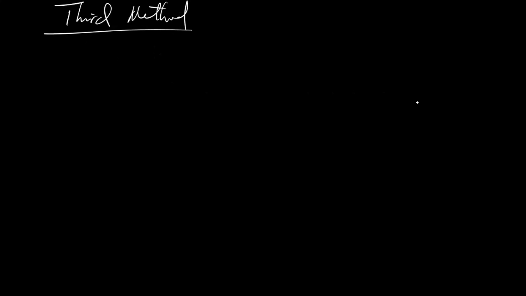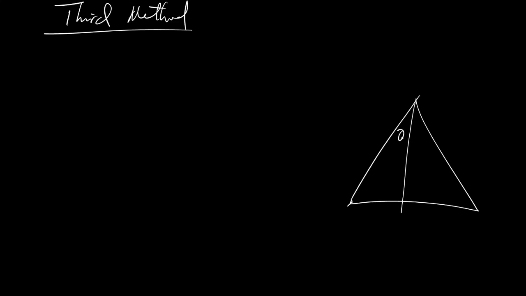Now the third method, we are going to use the sine rule. Now let's say this, you have A, B, C divided by line, bisected by line BD, bisecting this angle. Now using the sine rule, let's say here is equal to what?